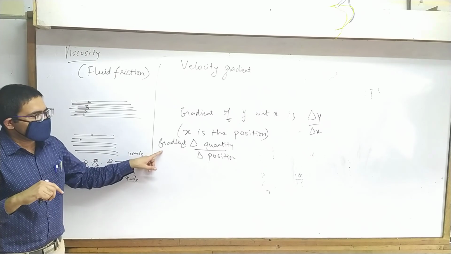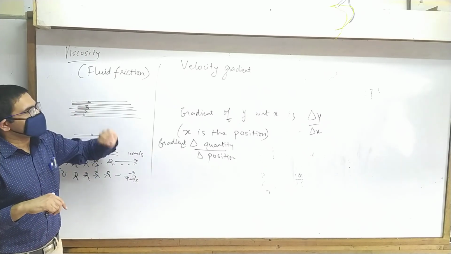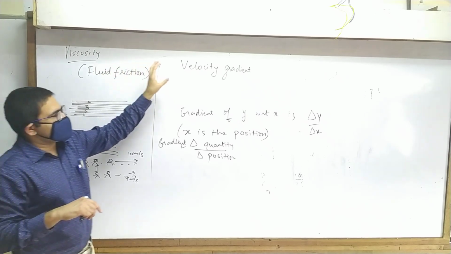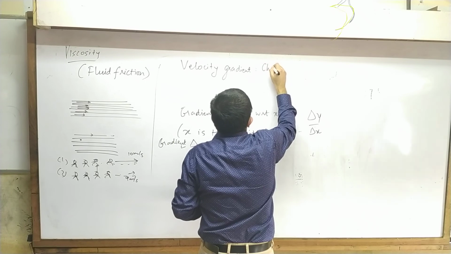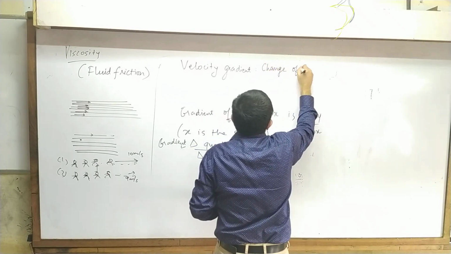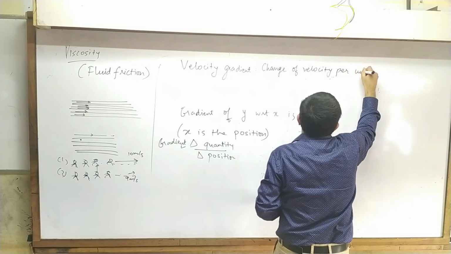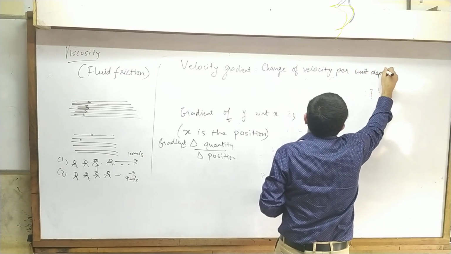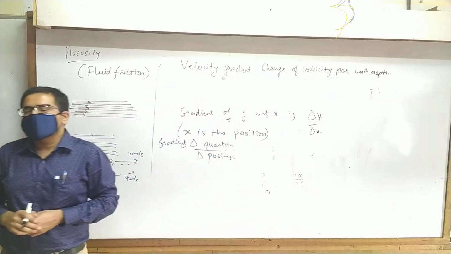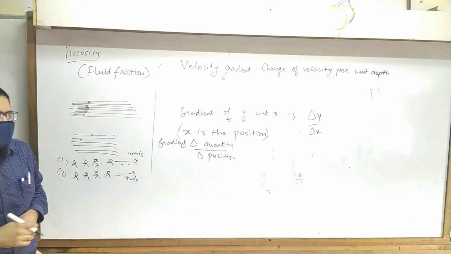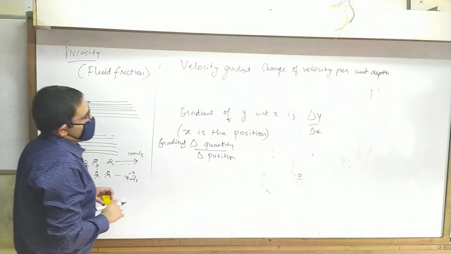Fine? So this is what a gradient of anything is. So what is velocity gradient? Velocity gradient is change of velocity per unit depth. When we are talking about viscosity, this is how we have velocity gradient.